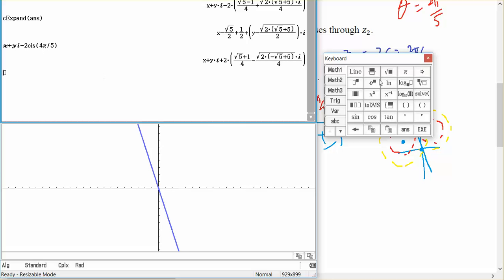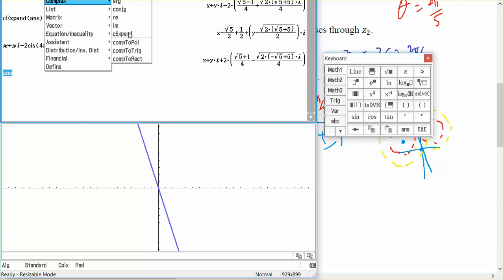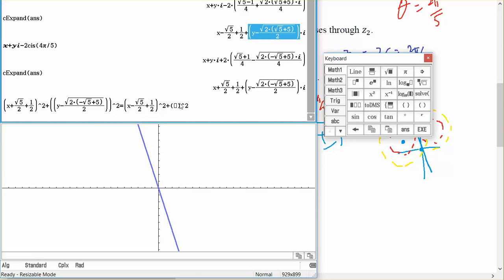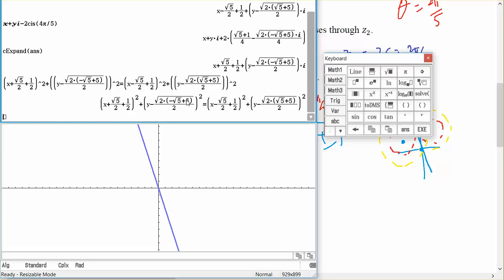And if I take the answer and I do interactive, complex, expand, and now if I edit paste, I can take the x component of this squared plus the y component of that squared should equal the x component of the other one squared plus the y component of the other one squared, which will give me that expression.